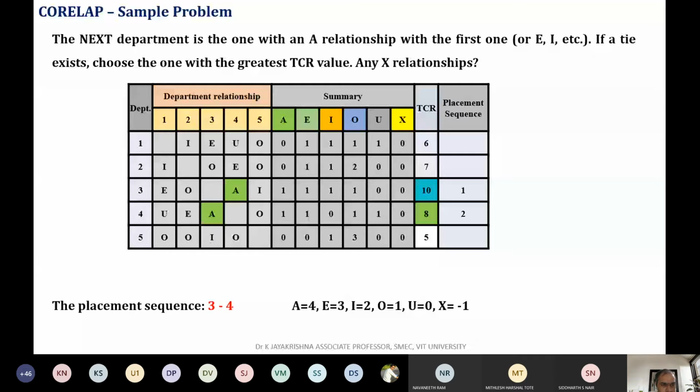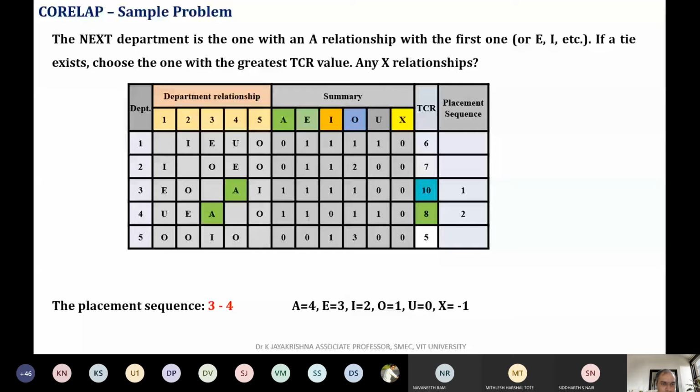See, just watch rows 3 and 4. You will find that in the fourth department, can't we look for another department which has a high relationship with the fourth one rather than the third one? Yeah, that is what we are going to do. But in a CORELAP problem, you have to compare with all the previously placed departments.